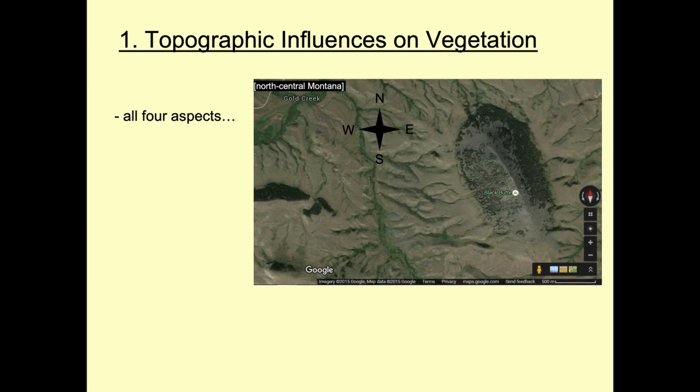So I think this is a really cool example showing all four cardinal directions at work in relation to slope aspect. And again, I just want to keep reiterating that the different systems are going to interact with aspect differently.